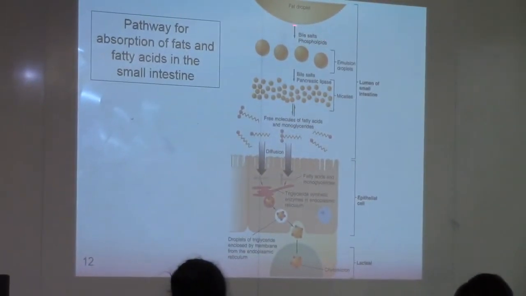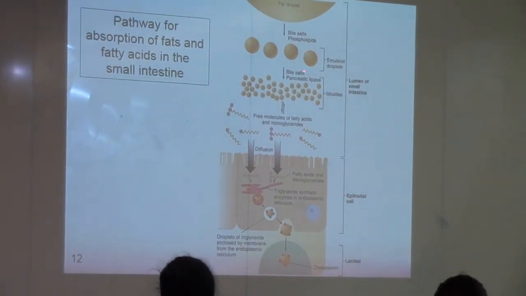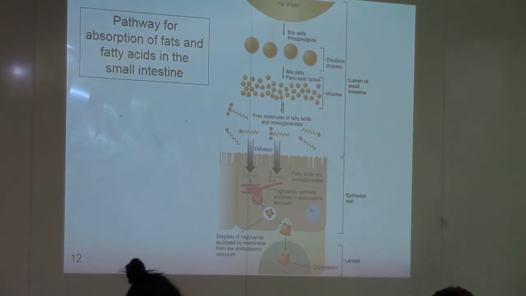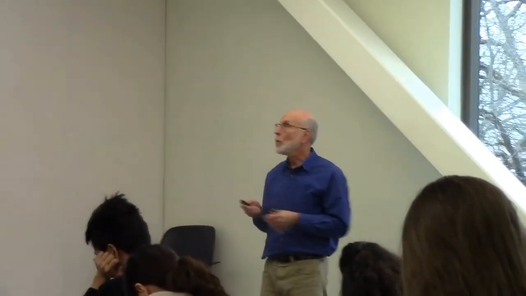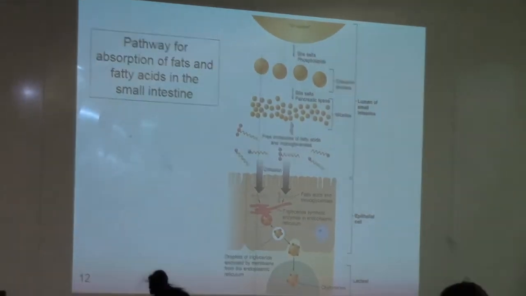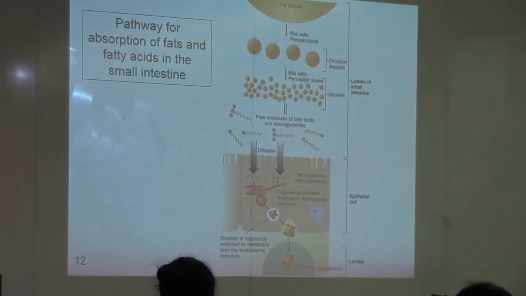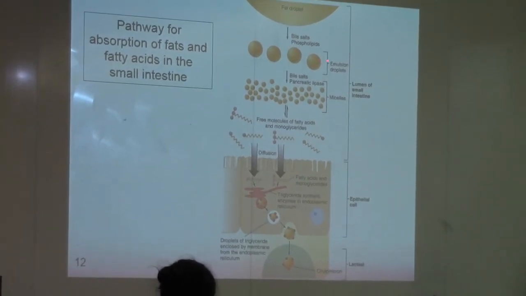So the fat droplet is emulsified by the bile salts. The lipase from the pancreas now has a large surface area of fat to work on, and it mixes with the bile salts and makes what are called micelles of the fat and the bile salt. So the lipase is hydrolyzing the lipid. The bile salts are continuing to solubilize the lipid, and we go from a microscopic emulsion droplet to an even smaller structure called micelles.